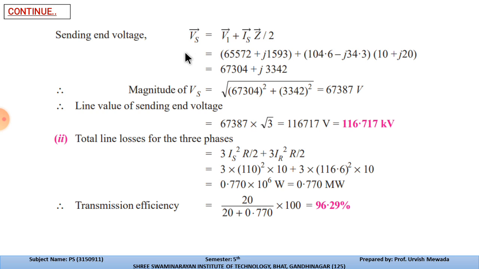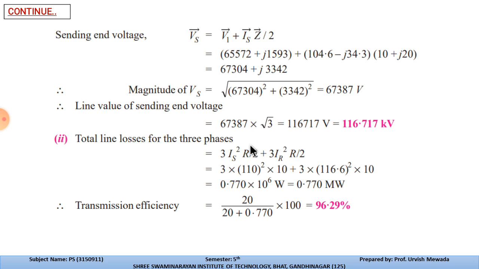Now the magnitude of this Vs is the square root of the sum of the squares of the two terms, 67,304 squared plus 3342 squared, so this will become 67,387 volt. This is the phase value, so it is multiplied by root 3 to give the line to line voltage, 116.717 kV.